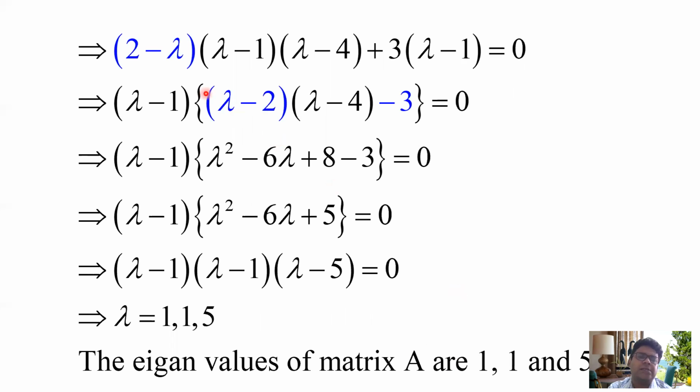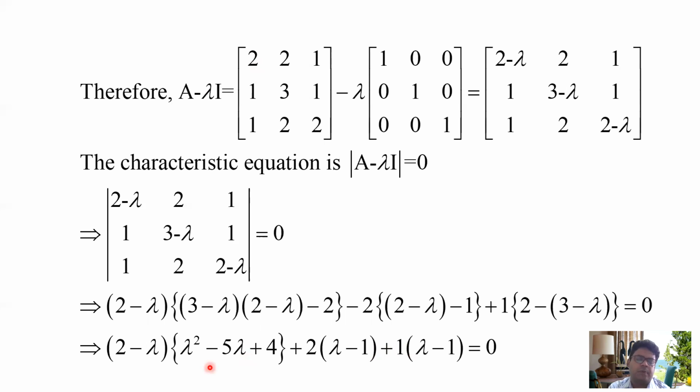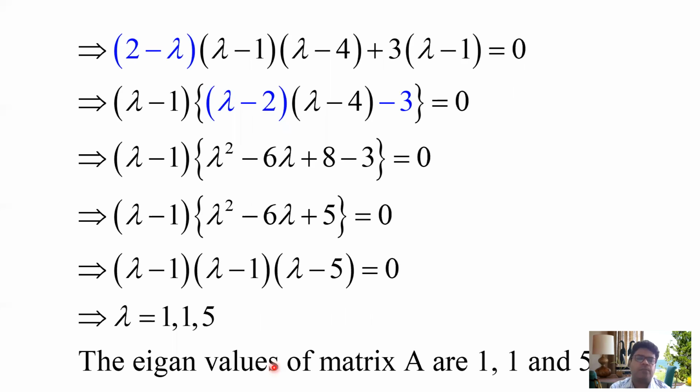Using the middle term factor technique, lambda square minus 5 lambda plus 4 is (lambda minus 1)(lambda minus 4). So from the first term it is clear that lambda minus 1 is common, and we may write lambda minus 1 times [(lambda minus 2)(lambda minus 4) and 3].